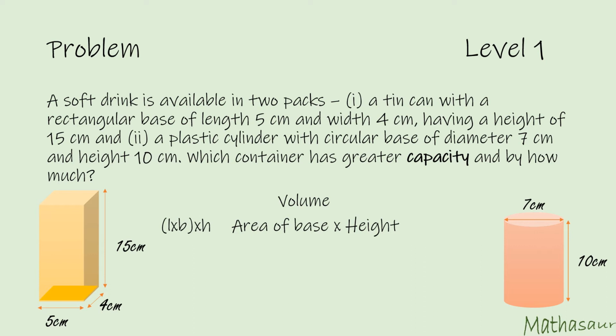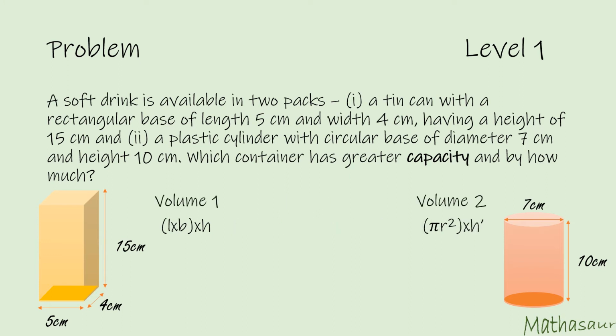So for the cuboidal pack, it shall be length times breadth times height. And for the cylindrical object, it would be pi r square times h dash. Let us call the height of the cylinder as h dash, since h is taken by the cuboidal pack. Let us substitute the values and calculate.